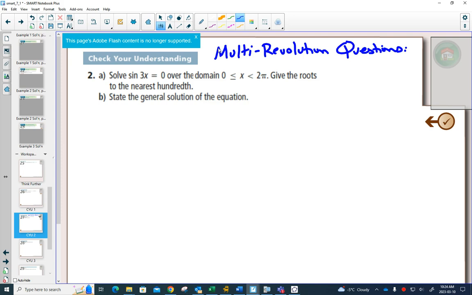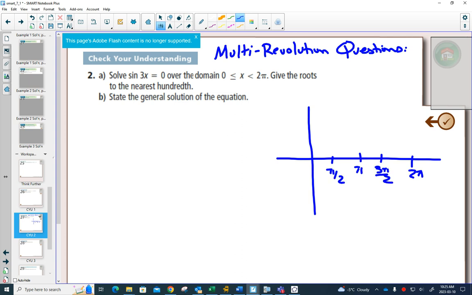Here's a visual of what's happening. Normally, your sine graph between 0 and 2 pi, you would divide it into 4 equal sections. You don't have to write this down. This is just to visualize what's happening. Here's our sine graph. Maximum 1, min negative 1.